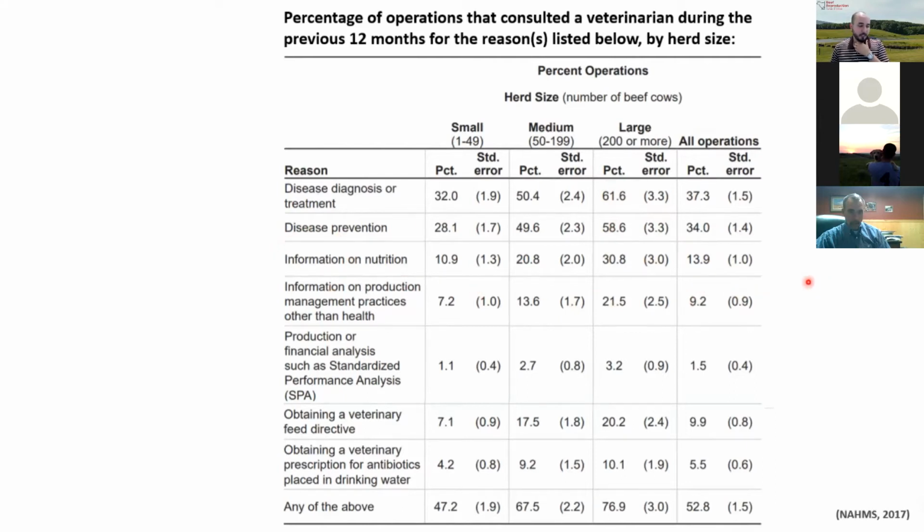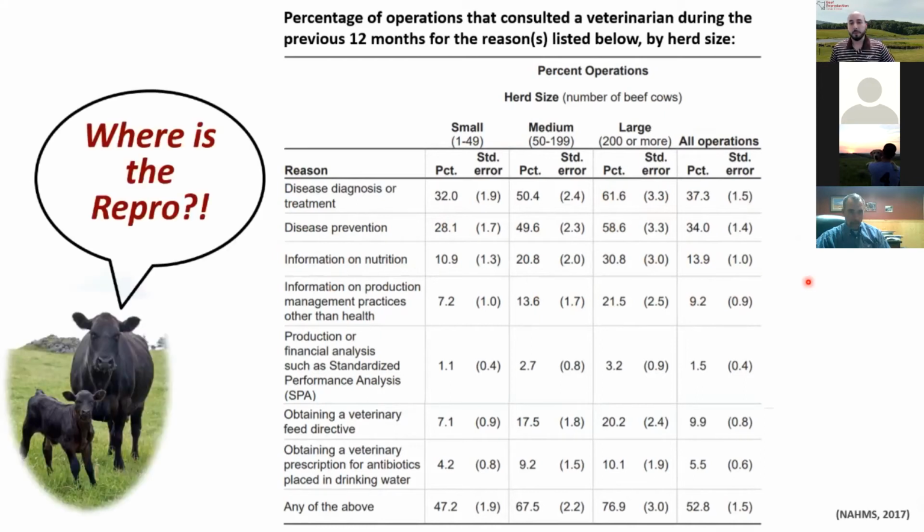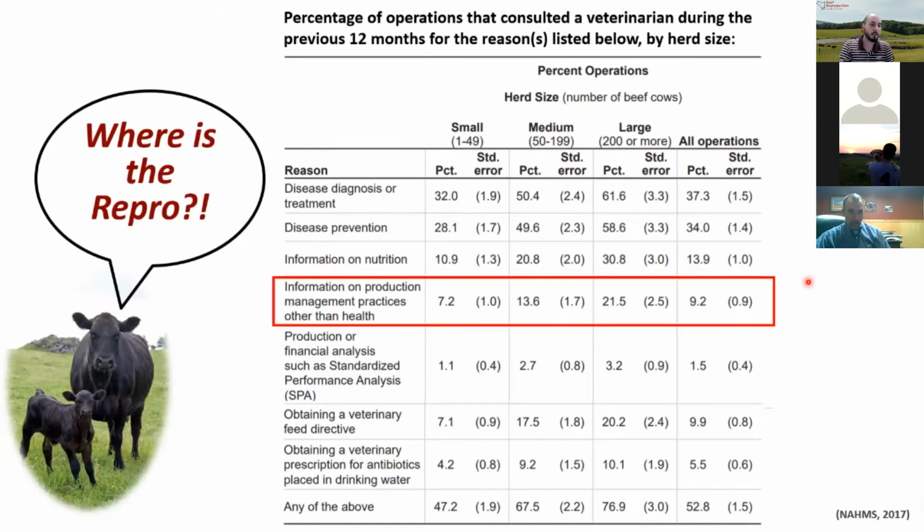And then, where's the repro, right? As I started reading this, I was like, where's the repro? And perhaps it's there, mixed in with the different information on production and management practices other than health, right?